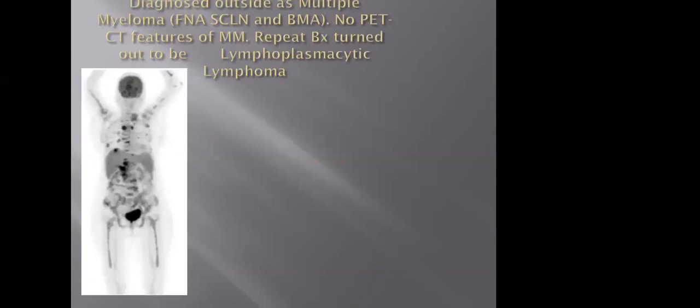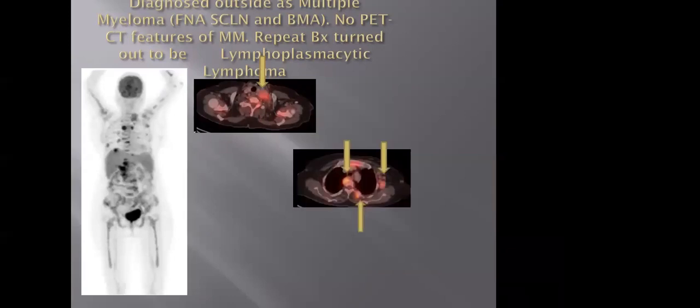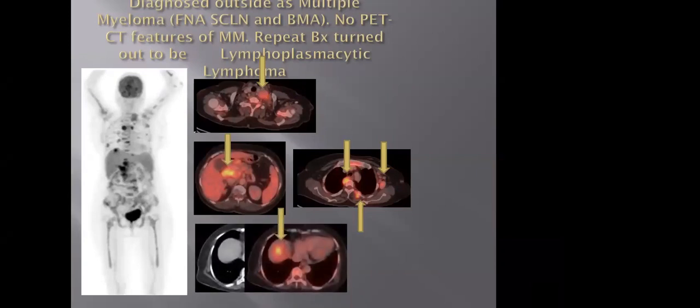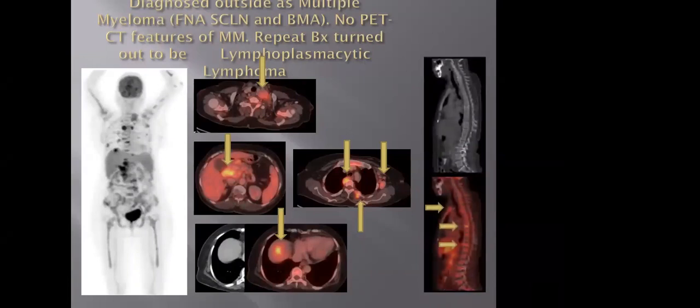This was a case diagnosed outside as multiple myeloma, and the patient was referred to us for a PET scan to see the extent of multiple myeloma. We did a PET scan and picked up a lot of nodes in the supraclavicular, upper abdomen, mediastinum, axilla. We picked up certain liver lesions also, and some marrow lesions.